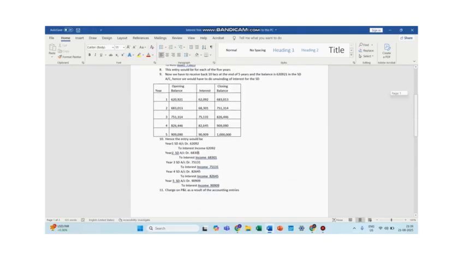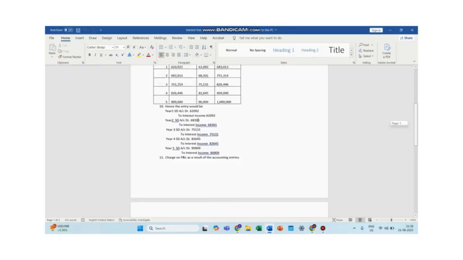And year 4 would be SD account debit 82645 to interest income 82645. Year 5 would be SD account debit 90909 to interest income 90909. Now this is the complete accounting for the security deposit which has been paid to the lessor and is refundable after 5 years.